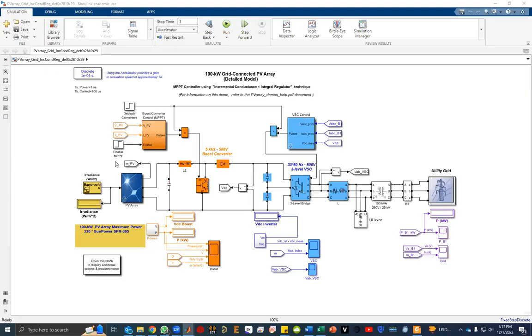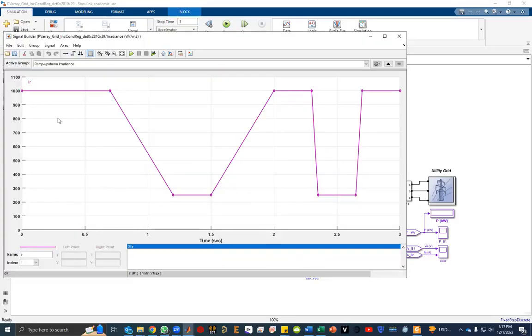If I go from the left, you can see the PV array here, which is getting its input from this irradiation index. If I double click it, you will see that in different times of the hour, for instance, the span is 3 hours, say for example. Although it says seconds, say this is 3 hours.